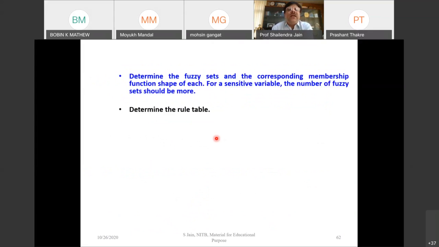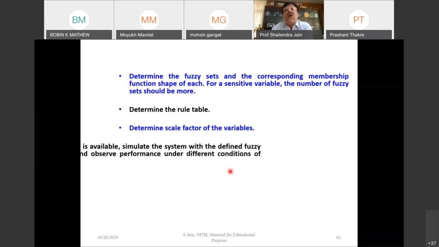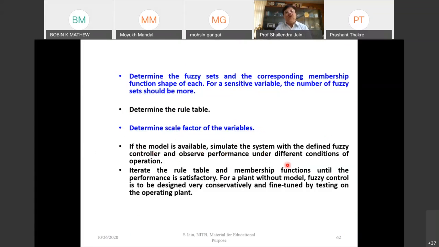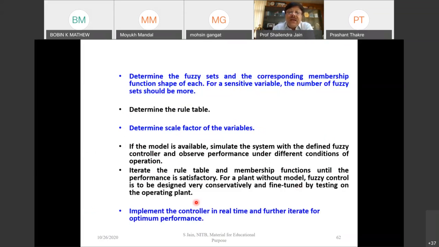Next we determine the fuzzy sets and corresponding membership functions, determine the rule table, and determine the scale factor of the variables. If a model is available, simulate the system with the defined fuzzy controller and observe the performance under different operating conditions. Then finally, we prepare a rule table and membership functions to test the controller. And finally, we implement the controller in real time.